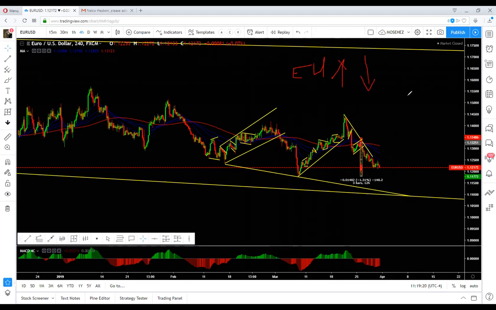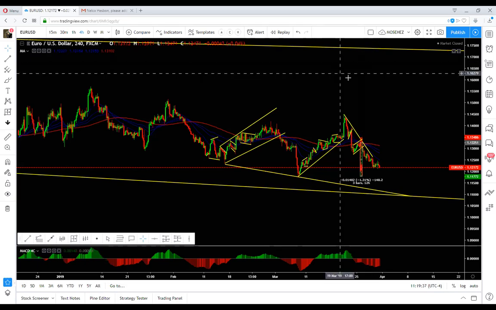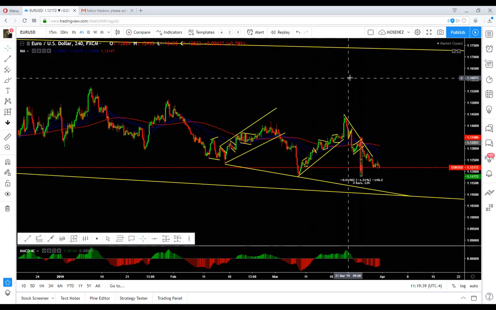So if you decide to sell them both, there's no way you can win both of those trades. One must go up and one must go down. Then we can move to the next.